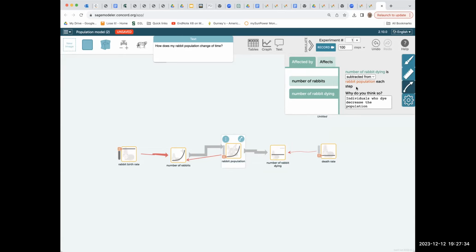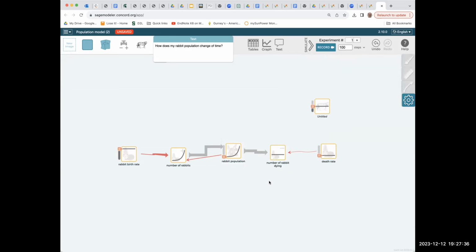And the way you know that isn't by the arrow, it's by the symbol that's in the box. Over here, you see the number of rabbits is positively added to the rabbit population, whereas for the number of rabbit deaths there's a minus sign here that shows it's subtracted from the rabbit population. So don't get confused by the arrow.